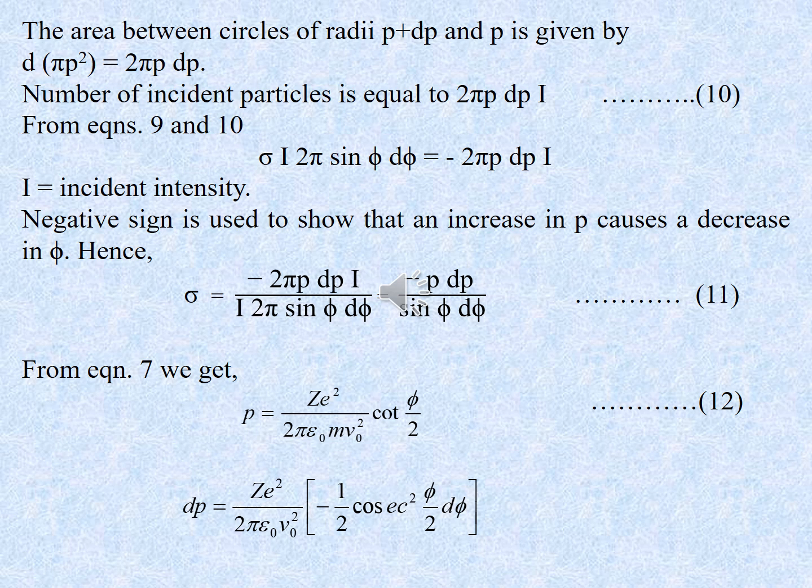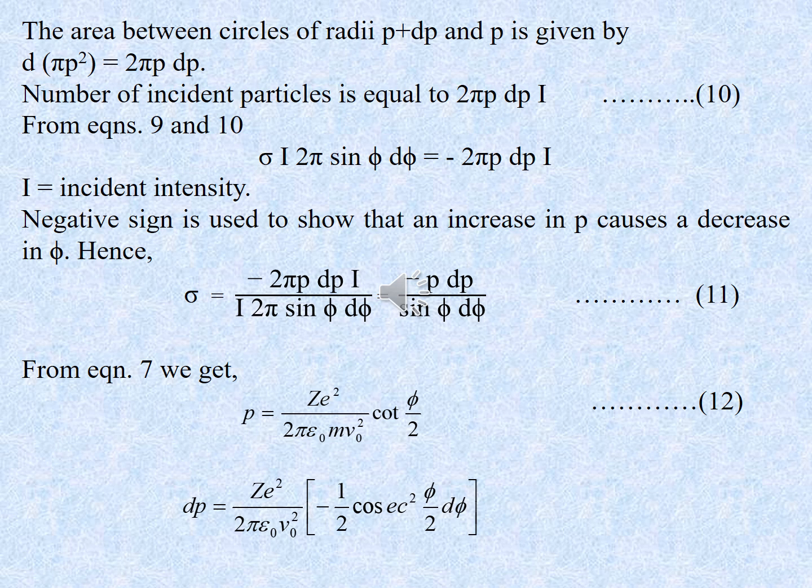The area between circles of radii p plus dp and p is given by d of πp², equal to 2πp dp. The number of incident particles is equal to 2πp dp into I, that is equation 10. From equations 9 and 10, we can write σ I 2π sin φ dφ is equal to minus 2πp dp I, where I is the incident intensity.